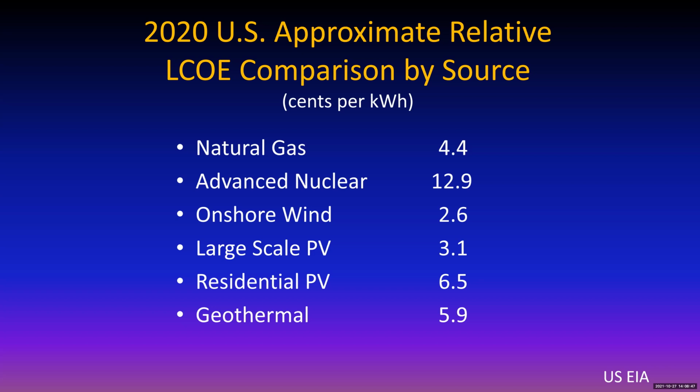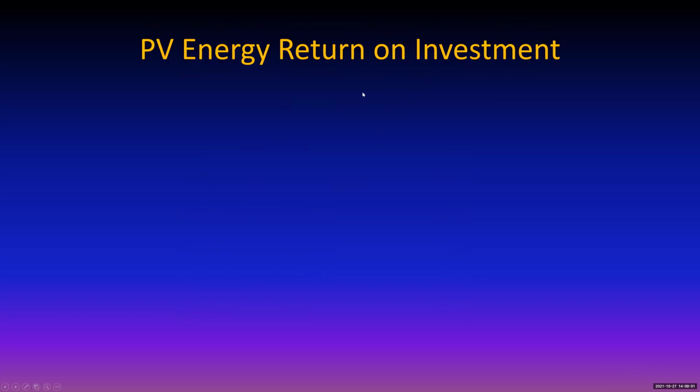And even residential PV compared to the Northeast, it's less than half the cost of what you pay for electricity in the Northeast. And it's about half the cost of what we pay for electricity here in Florida. So, how could anybody not want this stuff at this point?